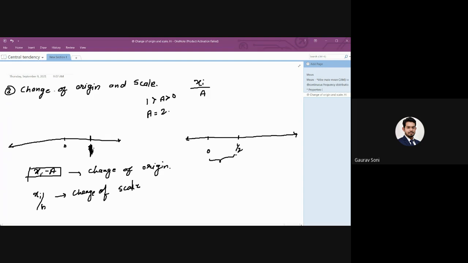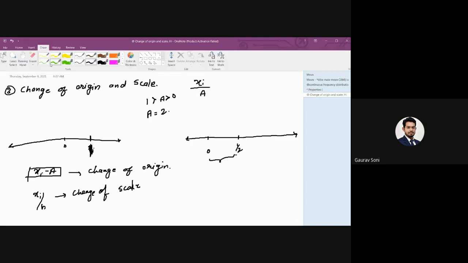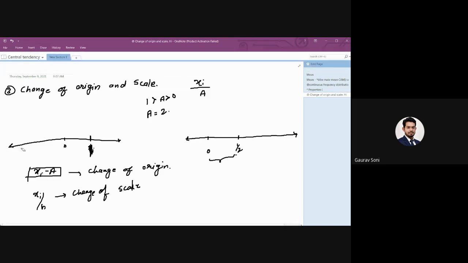Okay, let me just clear this. I hope everyone is clear with change of origin and change of scale. Have any questions? Sir, during change of scale, when we subtract xi minus a, then a goes to the left side of the origin, right? No, don't get into those details. It was just for understanding purposes.